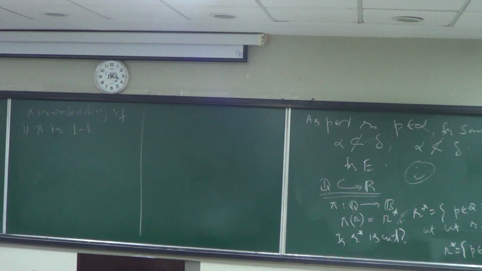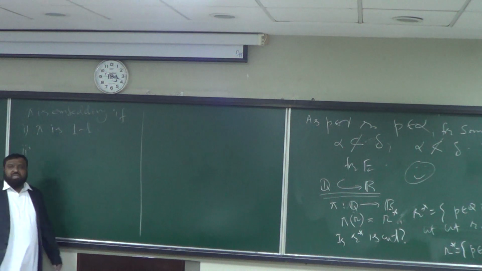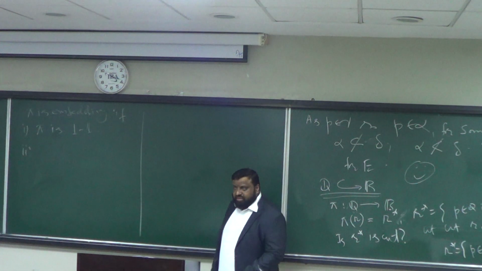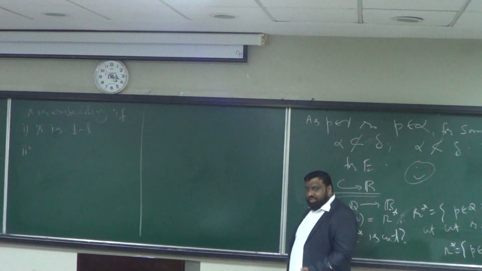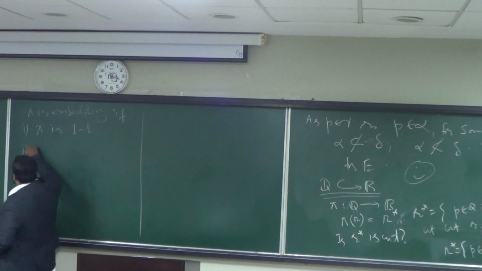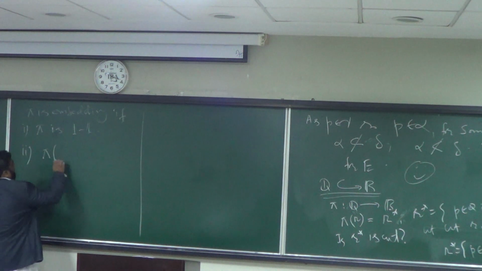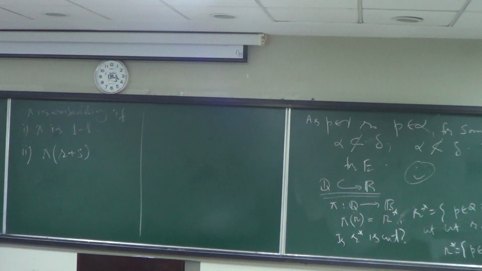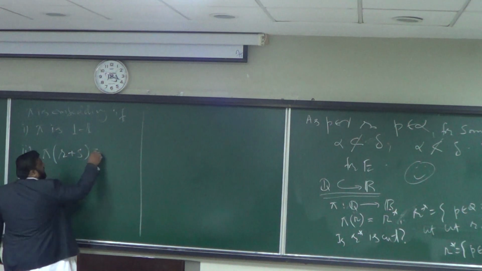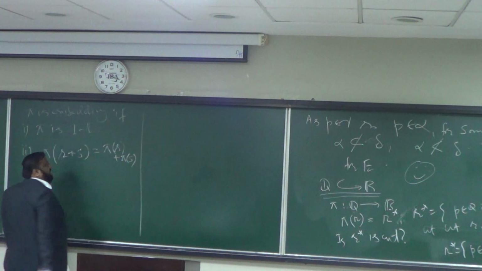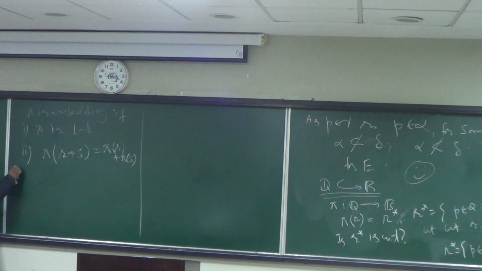And what should be the second thing? That it should preserve the structure of R. In other words, addition, multiplication, and order. And what do you mean by that? That if I have pi of a sum of two rational numbers, then it should be the same as pi of R plus pi of S. And what should be the third property?